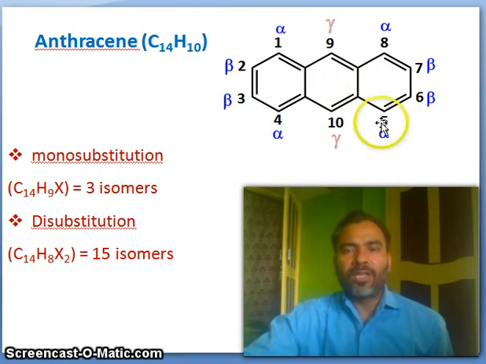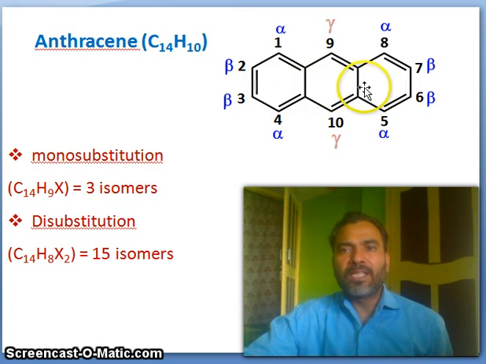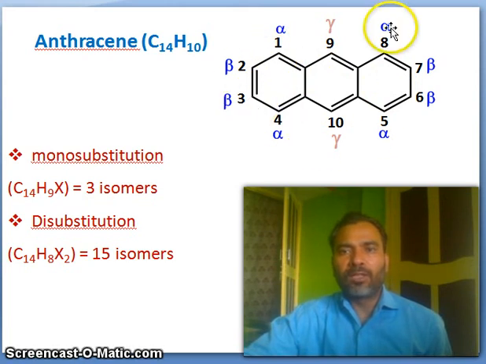So this is the structure of anthracene. You can see here 3 benzene rings fused together in a linear manner. This is position 1, position 2, position 3 and 4 and so on.